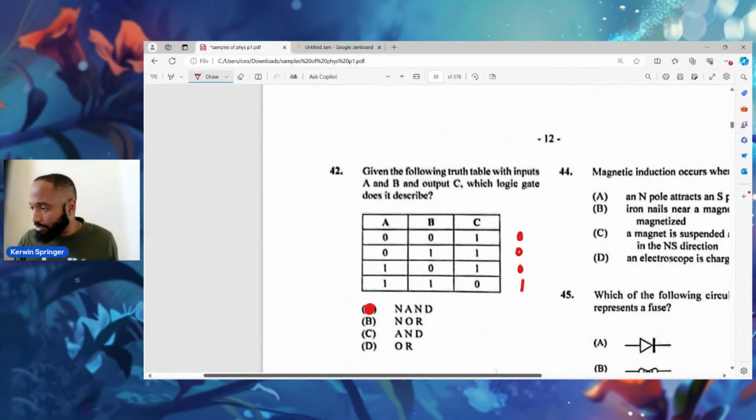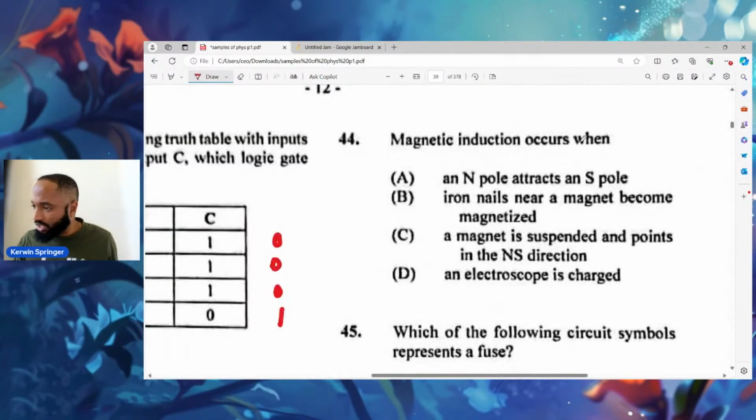All right, let me speed back up. Magnetic induction occurs when a north pole attracts the south pole. Iron nails near a magnet become magnetized. A magnet is suspended and points north. An electroscope is charged. This is static. Induction needs to happen on something that was not previously magnetized.